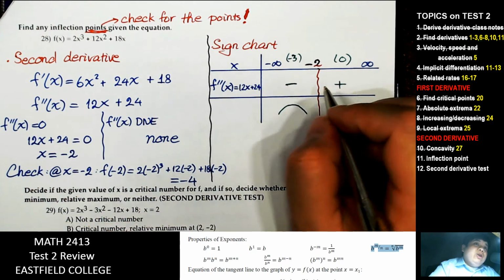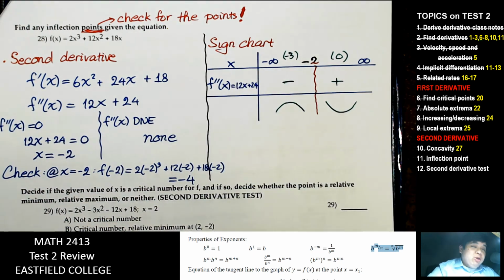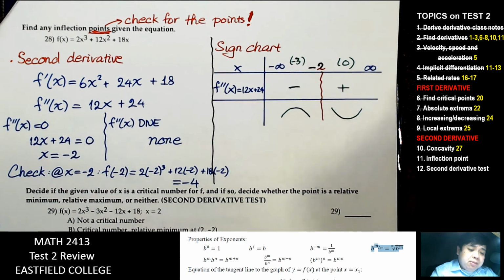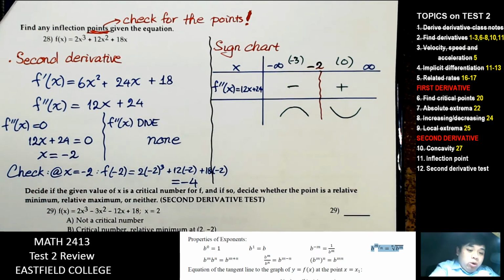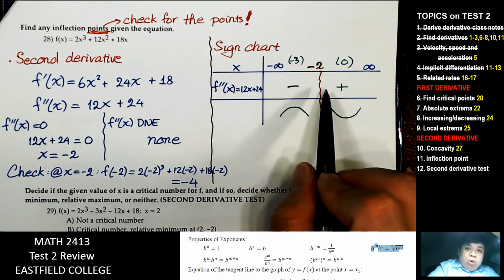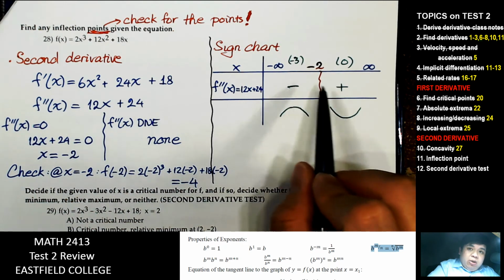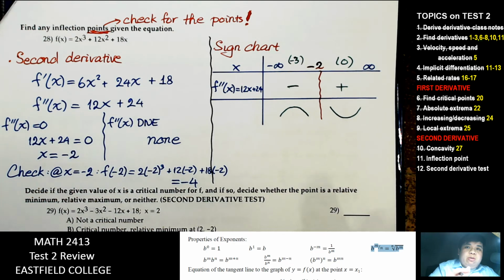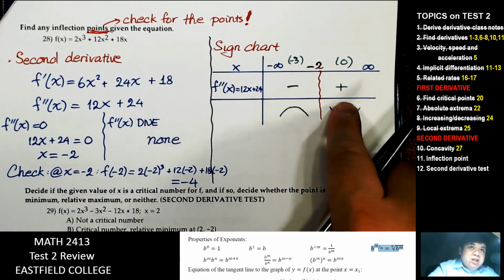So to that question, why do we have to do the sign chart on this one, and what are we looking for? What we're looking for is the inflection point, where the second derivative changes signs. So go from negative to positive, or from positive to negative. In this case, it goes from negative to positive. So it's good. The sign changes.